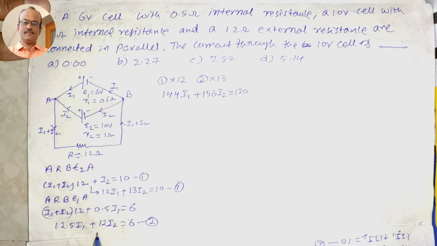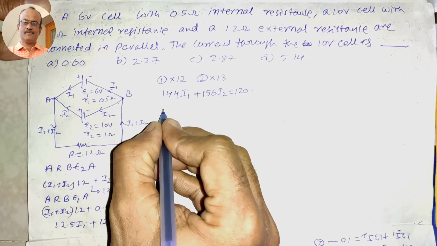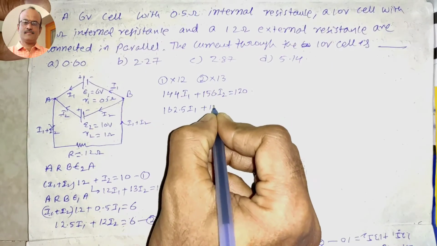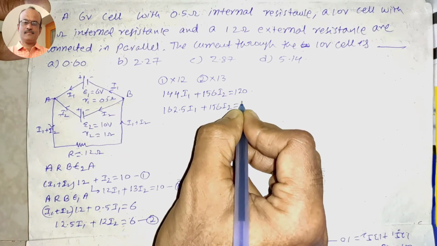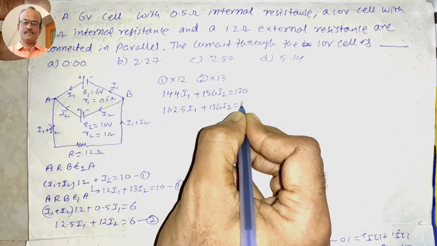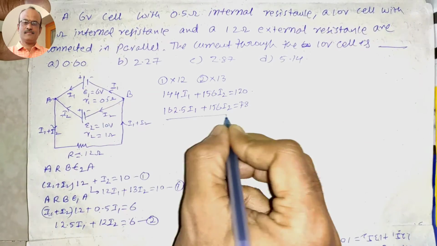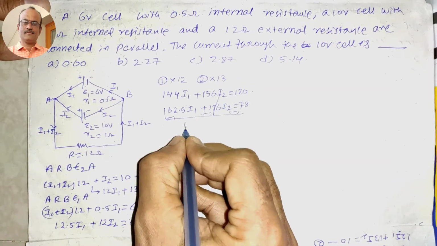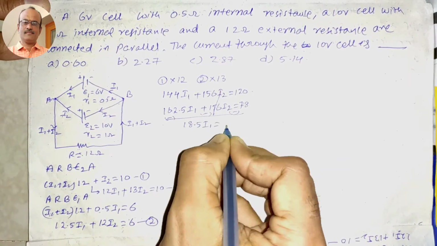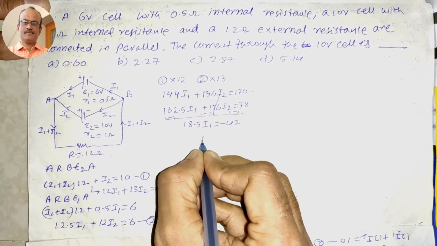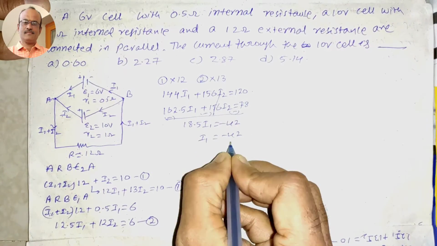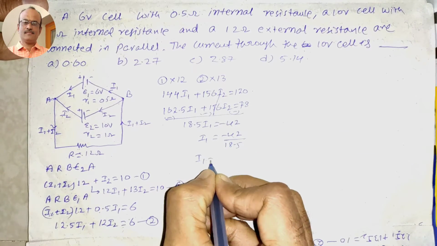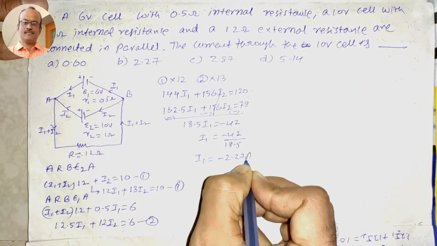Then equation 2 multiplied with 13, 13 into 12.5, 162.5 I1 plus 156 I2 is equal to, that is 78. So on subtraction of this one, these two get cancelled. 18.5 I1 is equal to minus 42. I1 is equal to minus 42 divided by 18.5. There I1 is equal to minus 2.27 amperes.